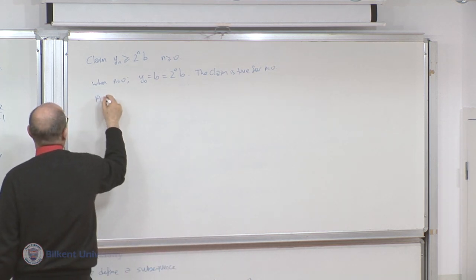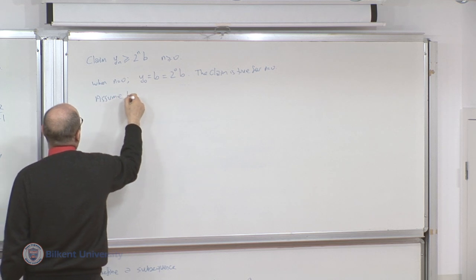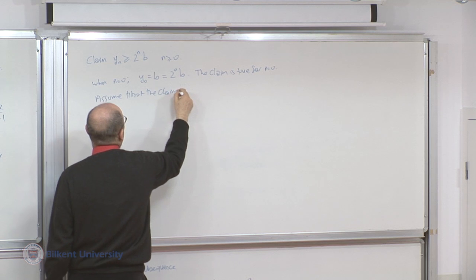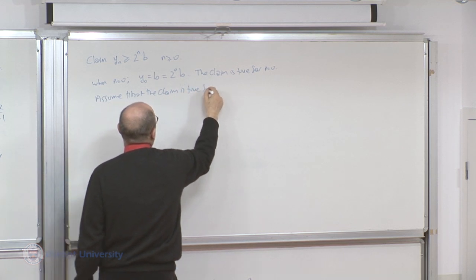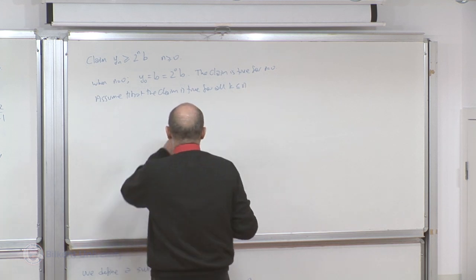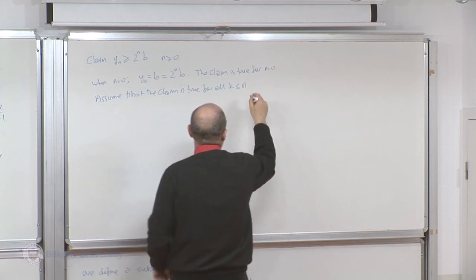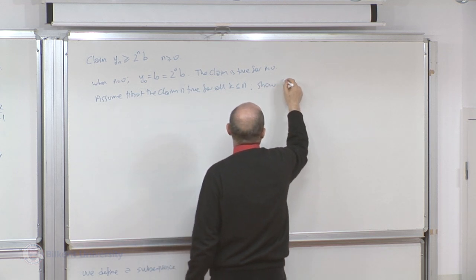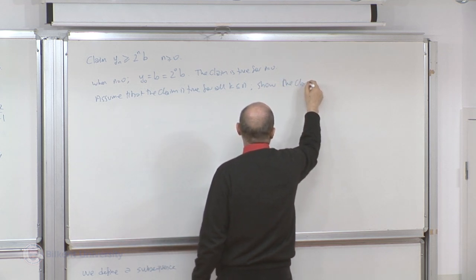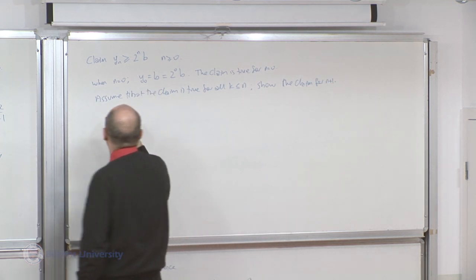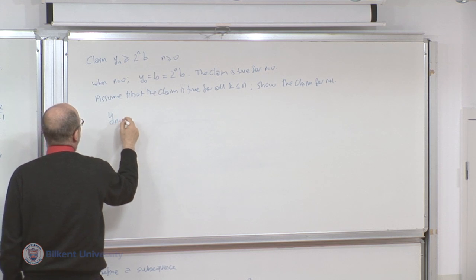So assume that the claim is true for all k less than or equal to n, and show the claim for n plus 1.